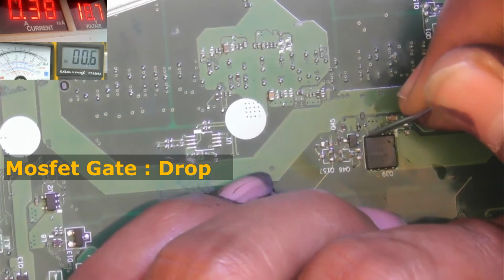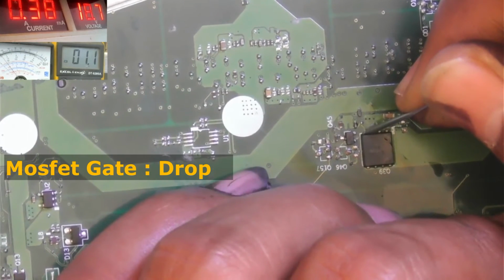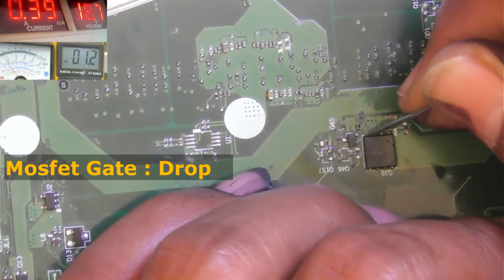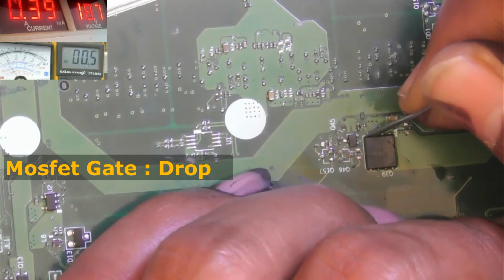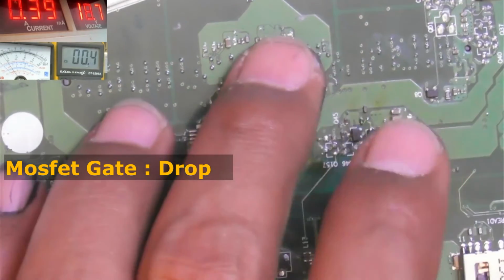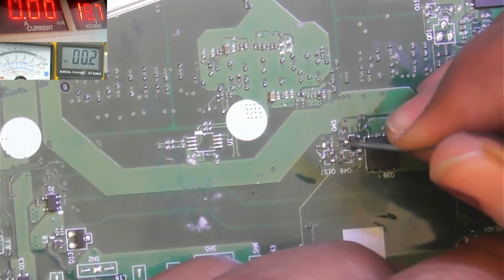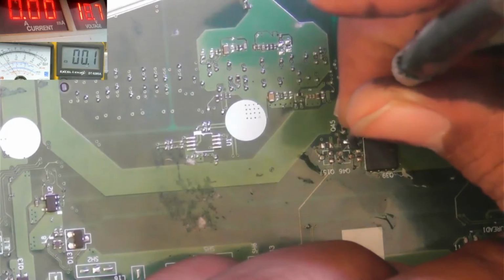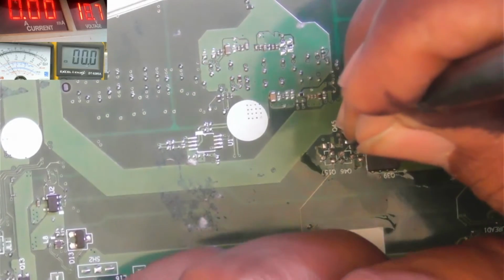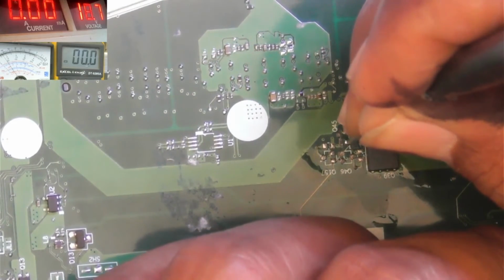It drops, right? This is a drop, 1.1. Not working. It cannot activate this MOSFET. This must be 4.